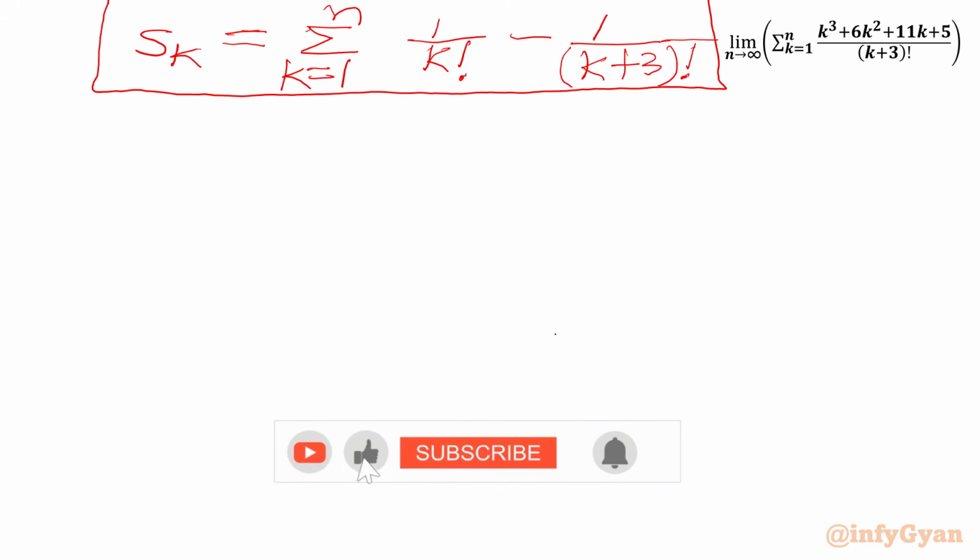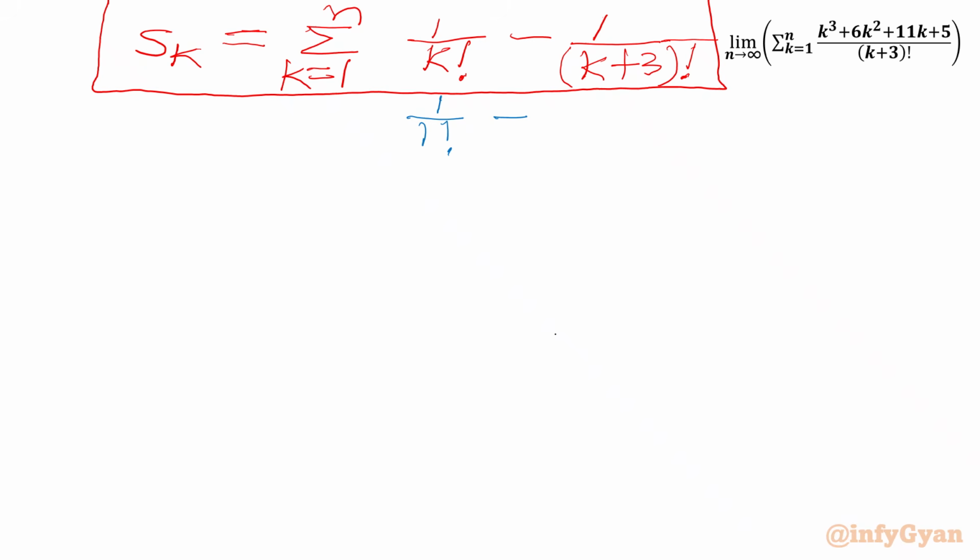Let's put k equal to 1. So we will get 1 over 1 factorial minus 1 over 1 plus 3 factorial, it is 4 factorial. Now we will put k equal to 2. So we will be writing 1 over 2 factorial minus 1 over 5 factorial.